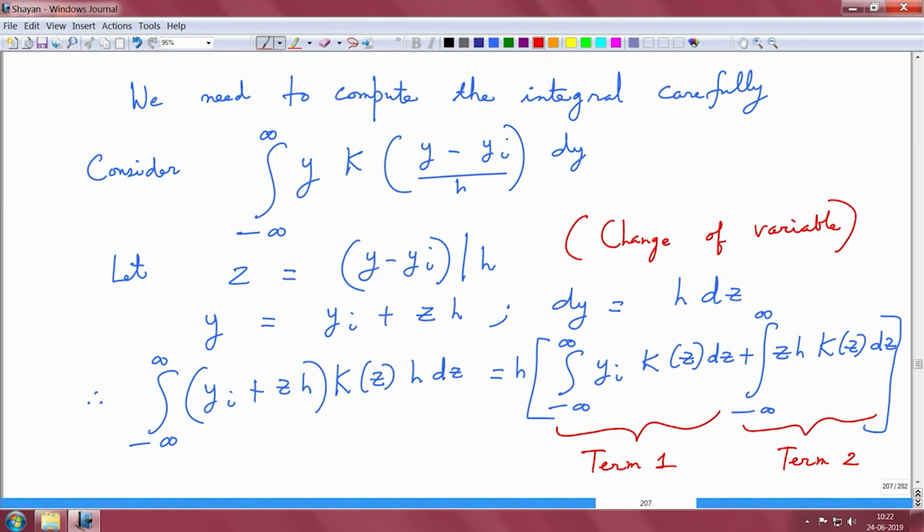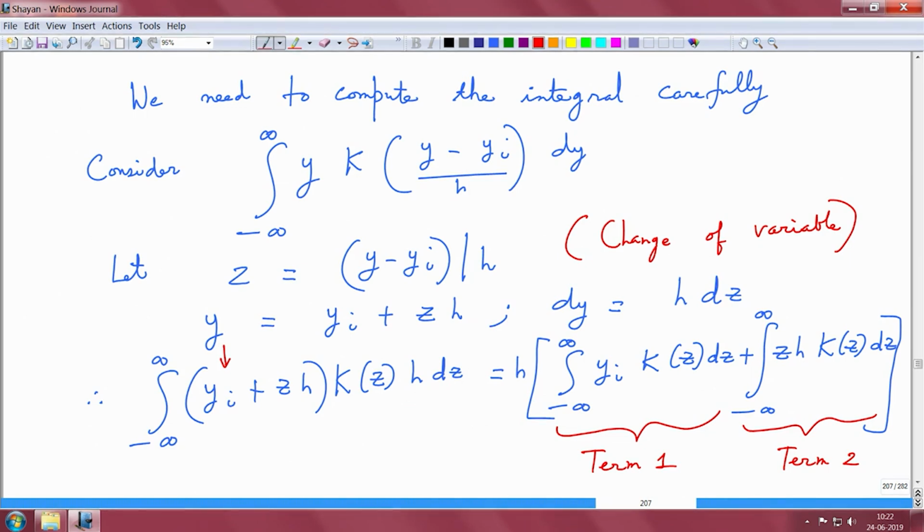Now, we plug this back into this expression, the integral from minus infinity to plus infinity of y times this kernel dy. So, what we get is yi plus zh, just drop in y here, times K of z, and dy is basically h times dz.